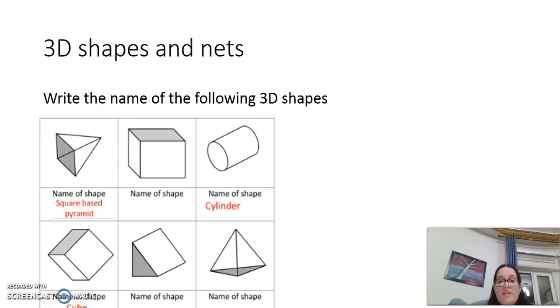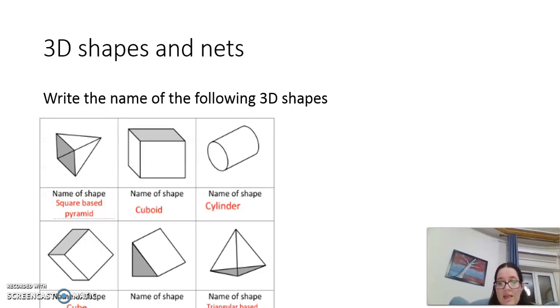The third one is the cylinder. The fourth is the cube. The fifth one is what? It's the triangular base pyramid, because it's a pyramid with a triangular base.